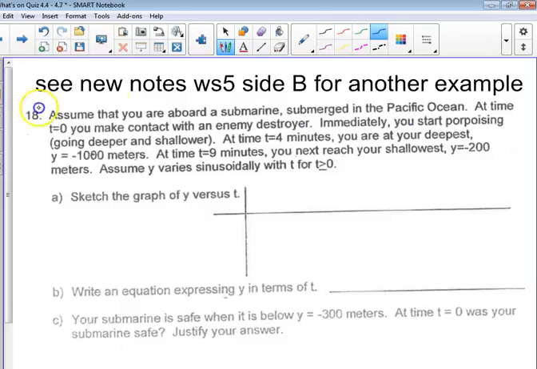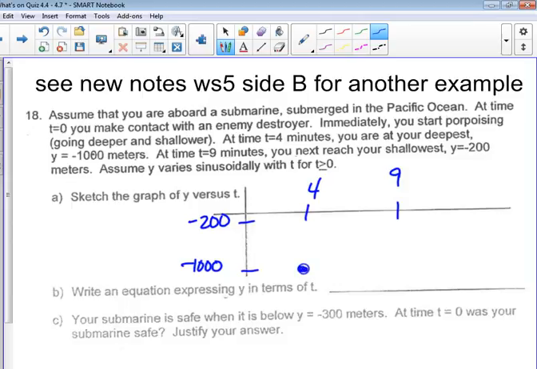Immediately you start porpoising or going deeper and shallower, trying to avoid radar detection. At 4 minutes in, you will reach your deepest, which is negative 1,000. So I don't know what you were doing before that, but you finally hit the deepest here. And at 9 minutes in, you reach the shallowest, which is negative 200.